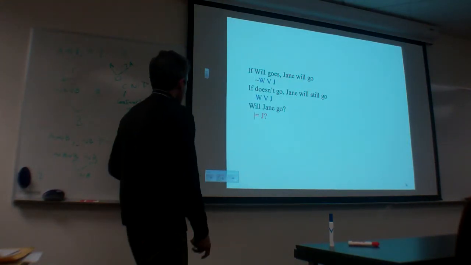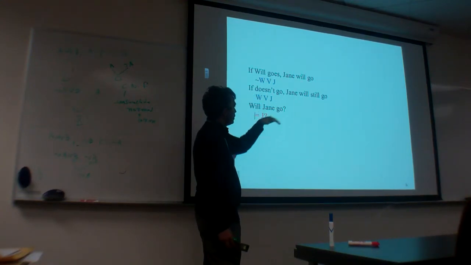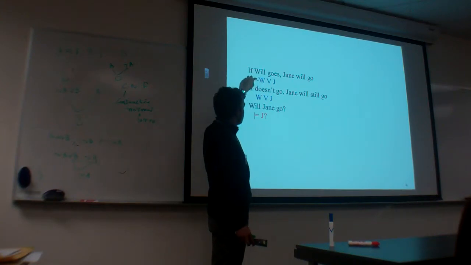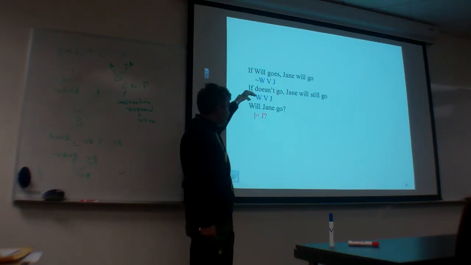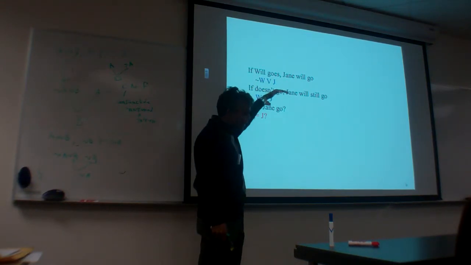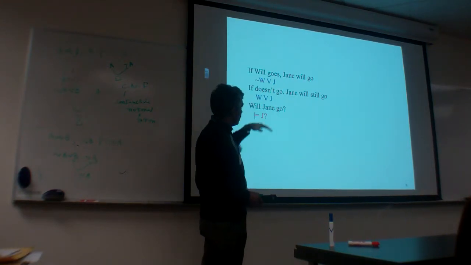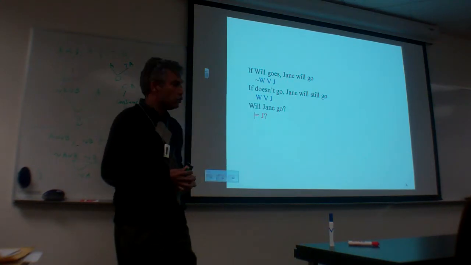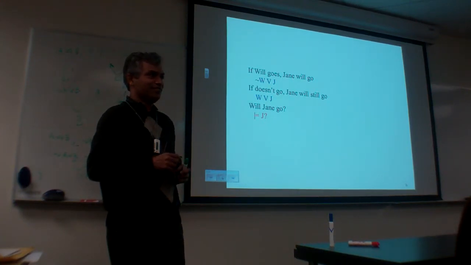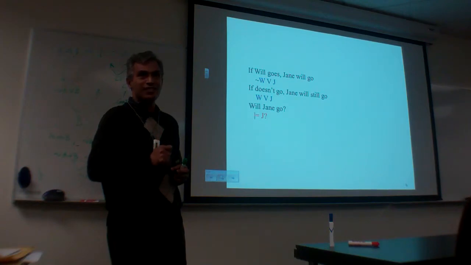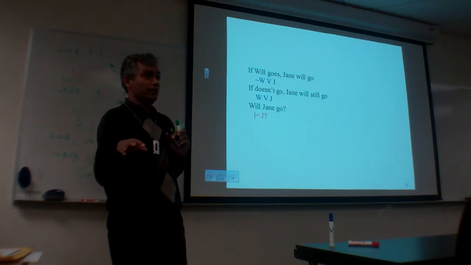Now, for this example: Will goes, Jane will go, and if Will doesn't go, Jane will still go. So W implies J becomes not W or J. And not W implies J, that is not of not W, is W or J. Now, if you resolve those, you won't get J. You'll get J or J. And so you have to use a logical equivalence which says J or J is the same as J. What is obvious to you is not obvious to your program.